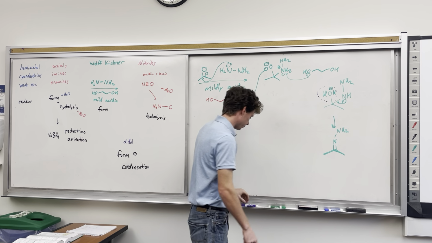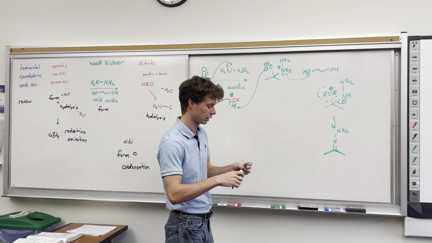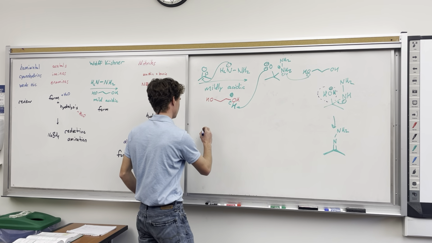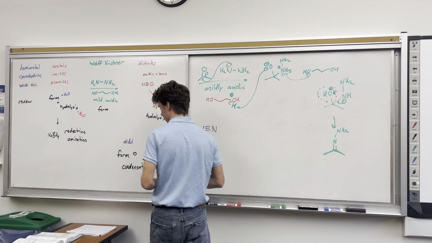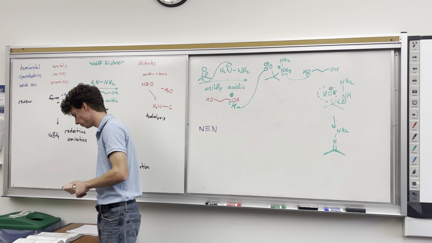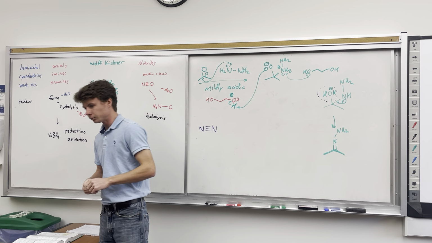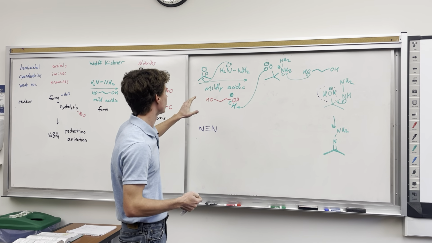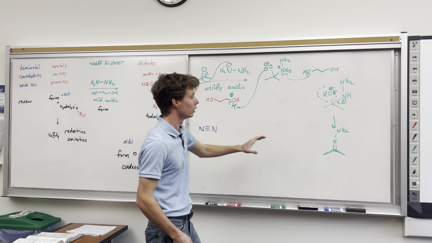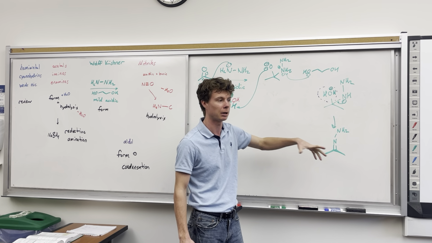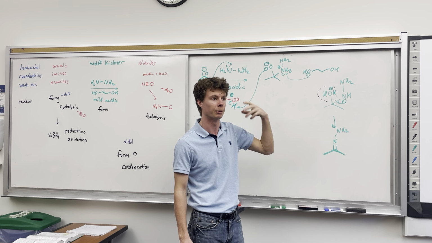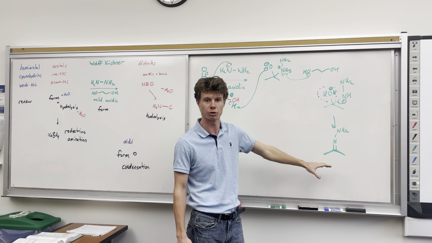At the end of Wolff-Kishner, okay, by the very end, we should have a nitrogen-nitrogen triple bond. All right. It's Wolff-Kishner reduction as well. So at the very end, we need to get as many hydrogen bonds here, basically take our heteroatoms off. The most reduced we can be is a carbon chain.